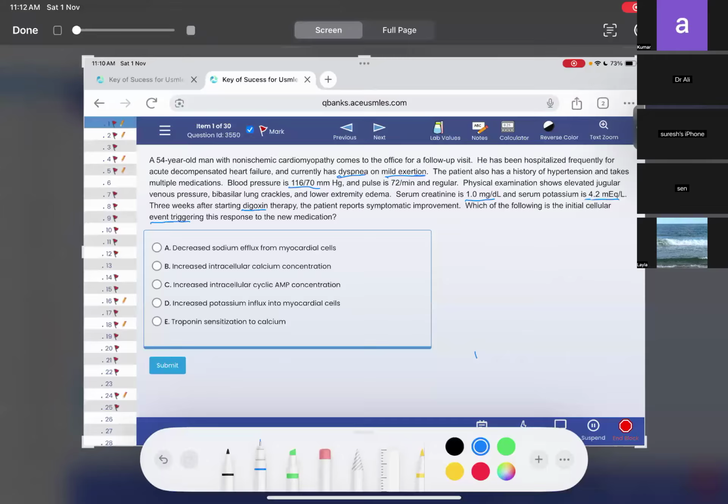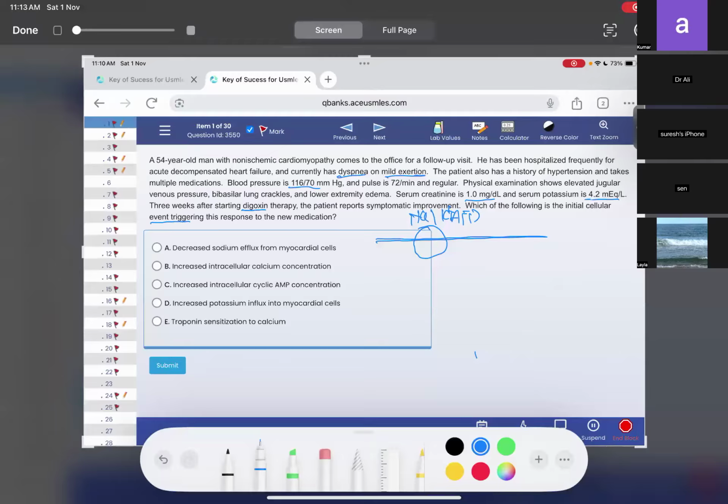So let me draw it for you. This is the cardiac membrane and this is the sodium potassium ATPase. Basically digoxin will bind to the potassium side.